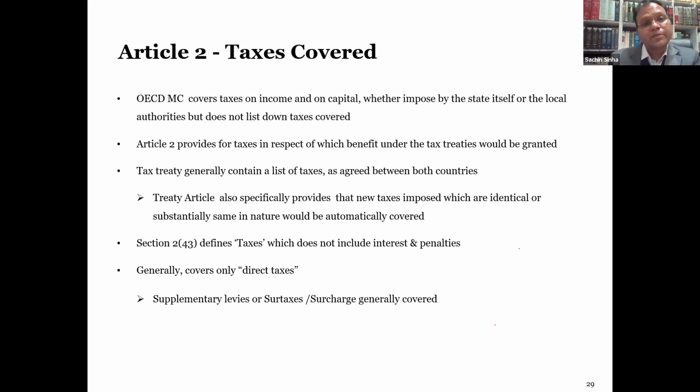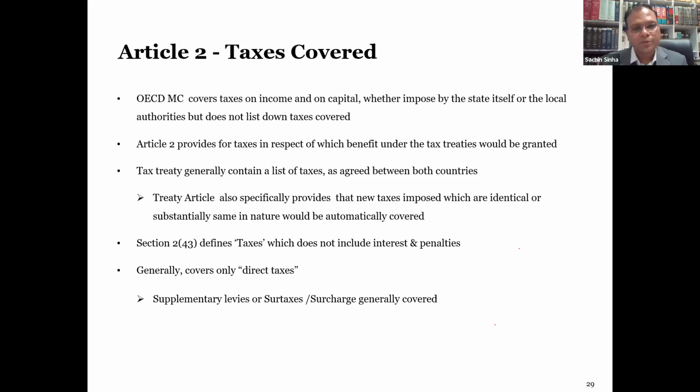Whether that will also be covered or not, or any other taxes like equalization levy, whether the treaty benefit would be available in case of equalization levy also. That is also a very interesting part, why this is out of the Income Tax Act and put into the Finance Act.